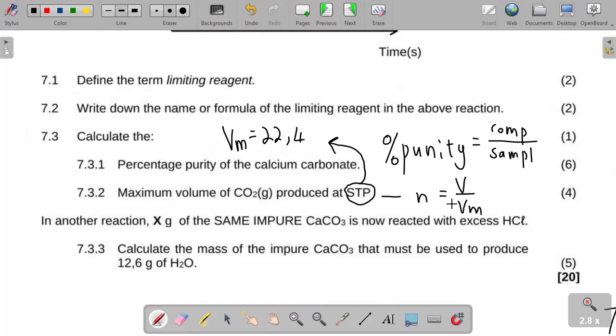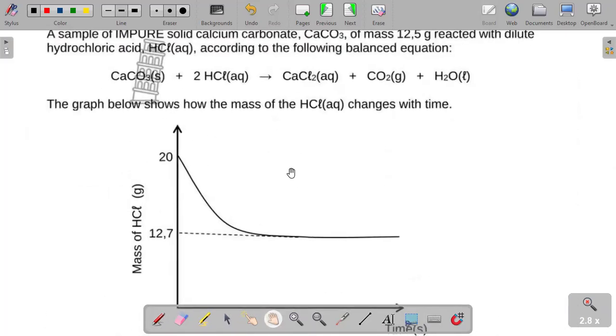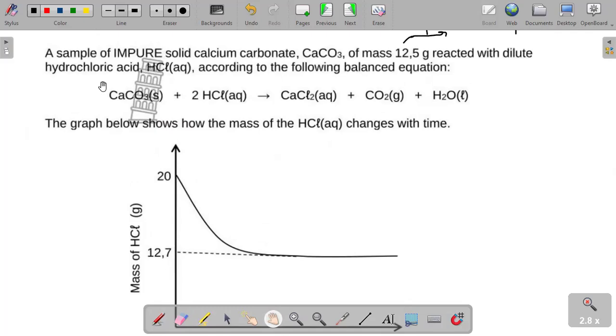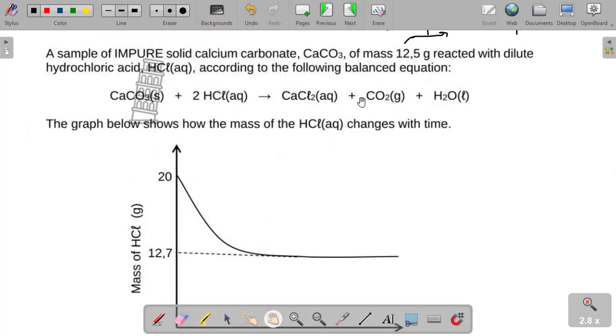So we have this already, but then we have to find the number of moles of what? Of carbon dioxide, I mean to say. So now we come here. We're going to look at the ratio of the number of moles. We can see that the ratio for calcium carbonate and for carbon dioxide is 1:1. There is 1 here and there is 1 there.